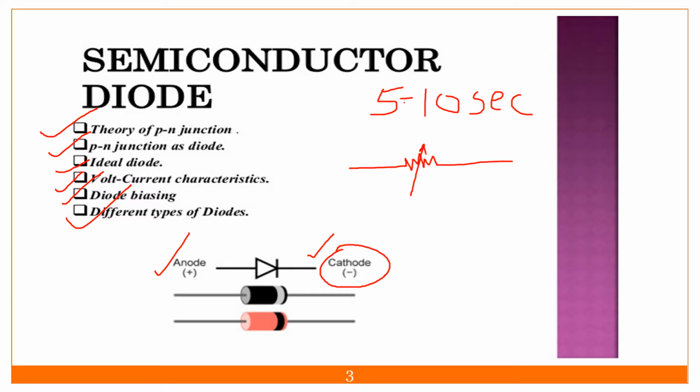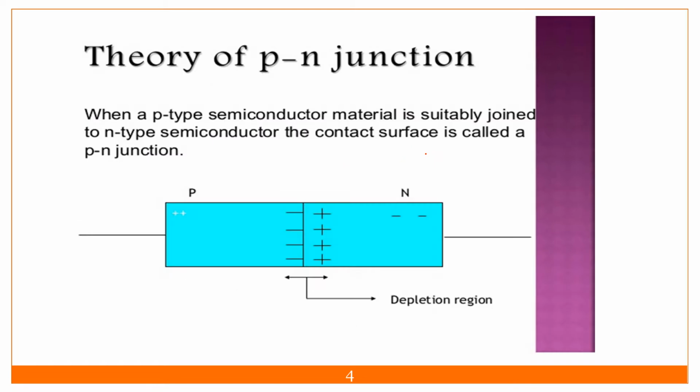Okay, let's move on. So, the theory of the PN junction diode. In the last lecture we saw that semiconductor material in the pure form is called what?